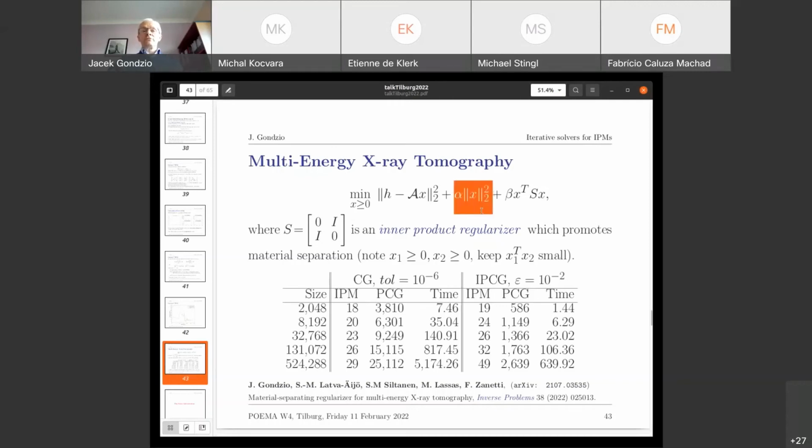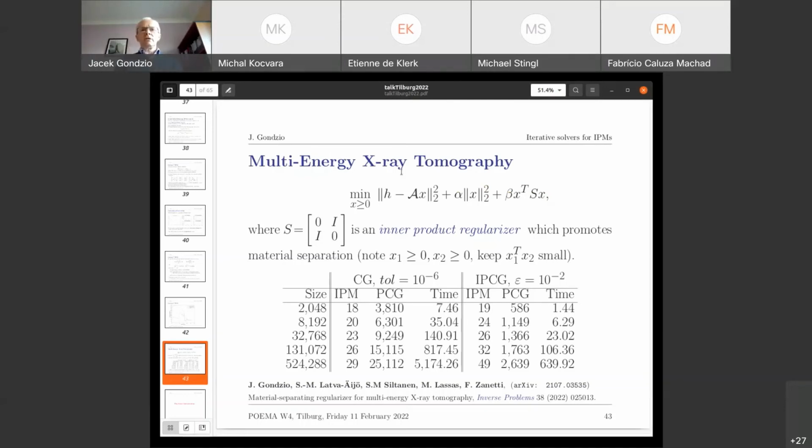This is a Tikhonov type regularizer, the convex quadratic regularizer, but this one is very ugly. This is a so-called inner product regularizer, which promotes material separation. So in X-ray tomography, you use X-ray tomography, for example, to analyze artifacts.